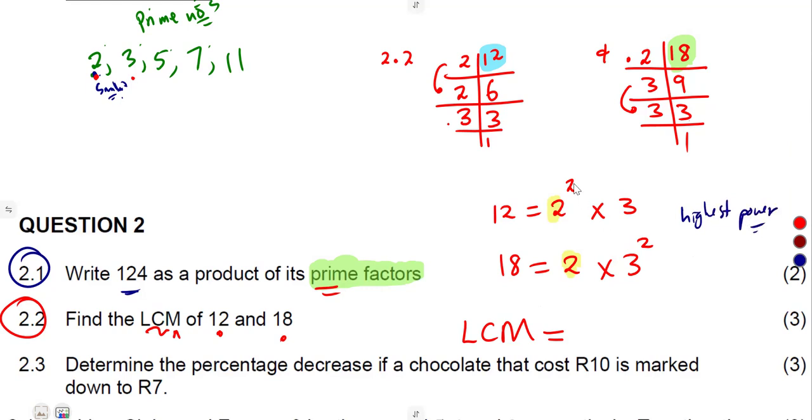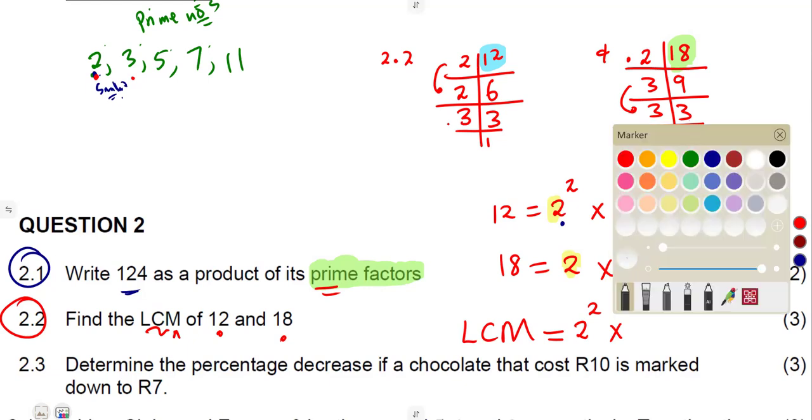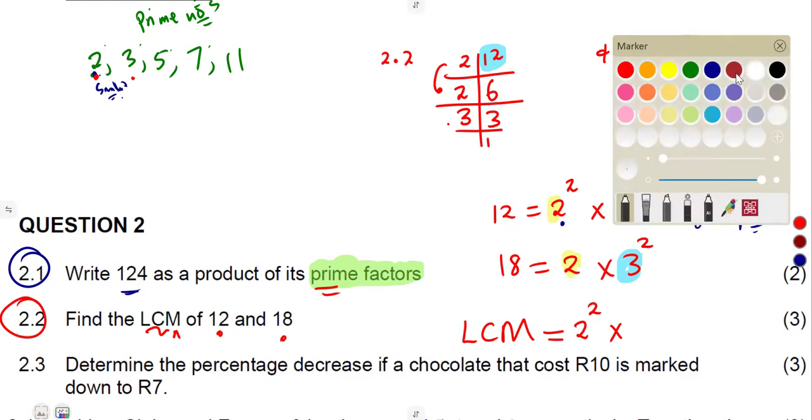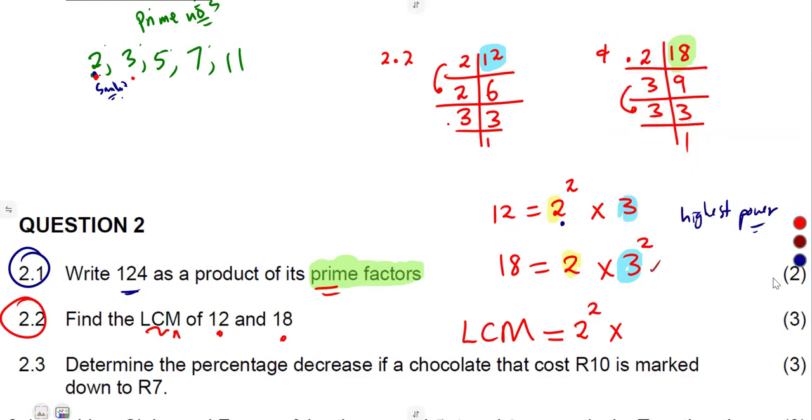So in this case, it is going to be what? 2 to the exponent of 2 times 3 is also common, as we can see from our numbers. 3 here is common. So you also consider the one with the highest power, and that is what? That is 3 squared. So that is 3 to the exponent of what? Of 2.